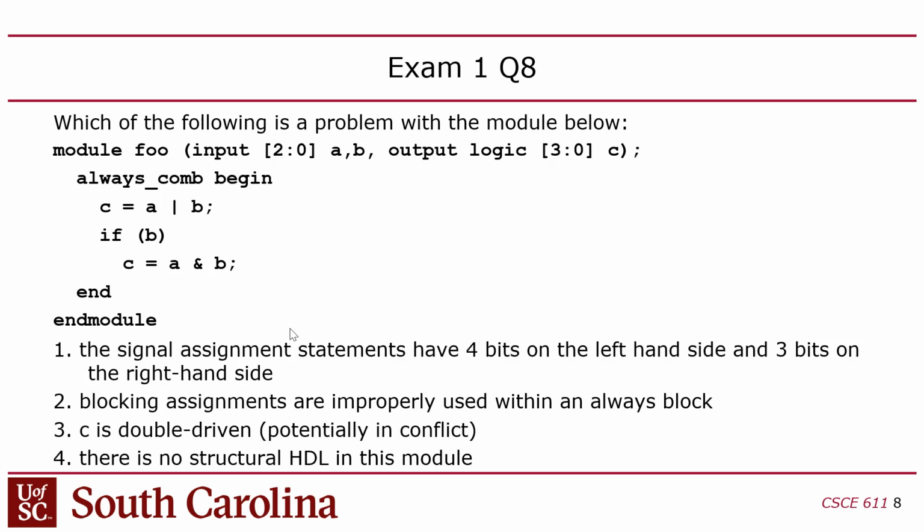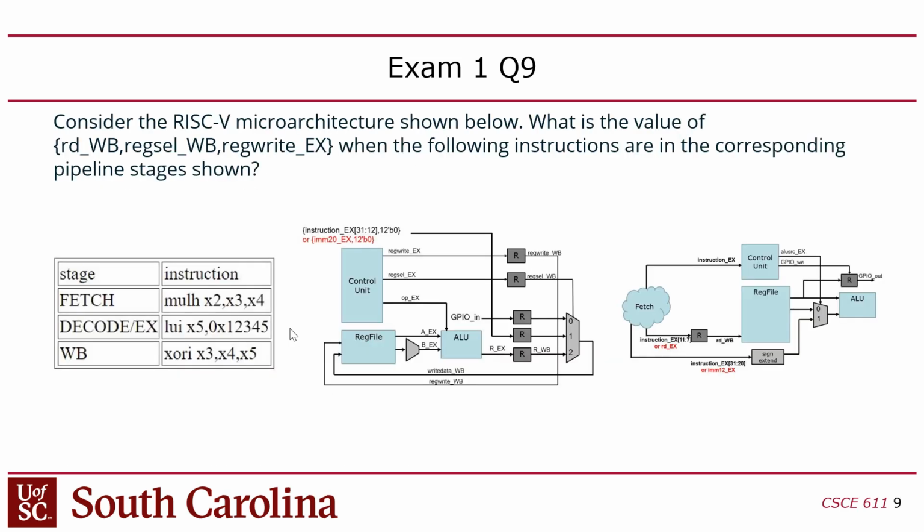If you had an assignment of C outside that always block, then that would potentially double drive it. And the fourth option is there is no structural HDL in this module, which is not a problem. You don't have to always have structural HDL. Although in most cases, when you look at Verilog, it's very common to see structural HDL. But this one is purely behavioral.